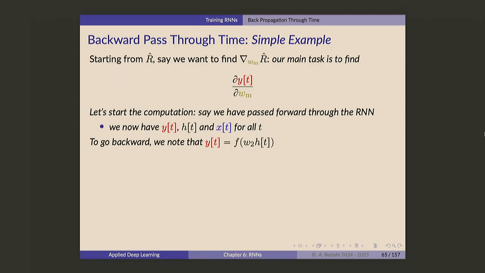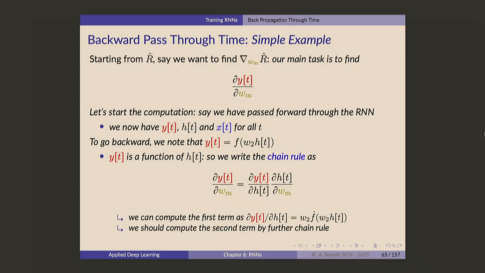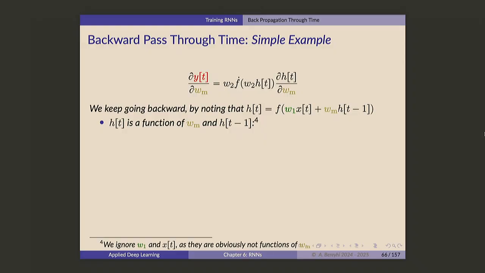How can I do that? Where is Wm hidden? In ht, right? So I'm going to write down the chain rule. The gradient with respect to Wm is basically the derivative of my y with respect to the hidden state times the hidden derivative with respect to the memory weight, right?